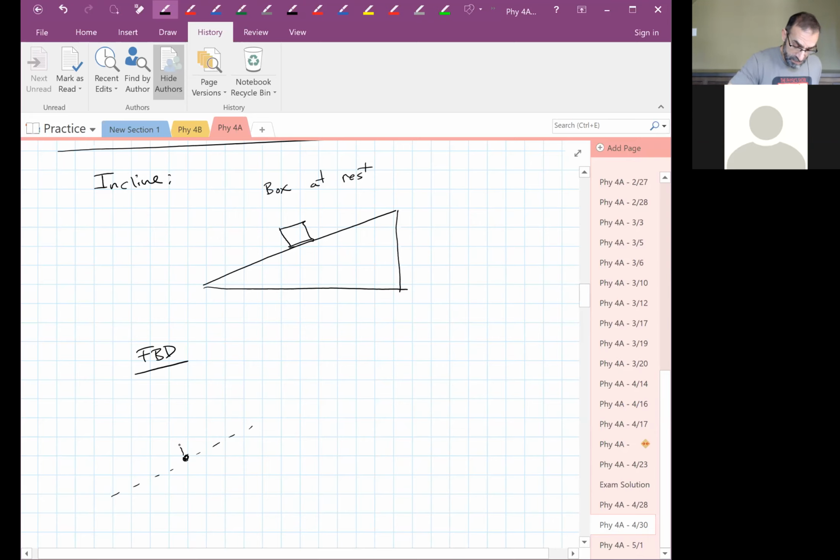Normal to the surface would be that way, right? And through a friction force parallel to the surface. And what direction would my friction force be? Up the incline, right? Because if the friction force wasn't there, this box would be sliding down the incline. So up the incline, we have friction.